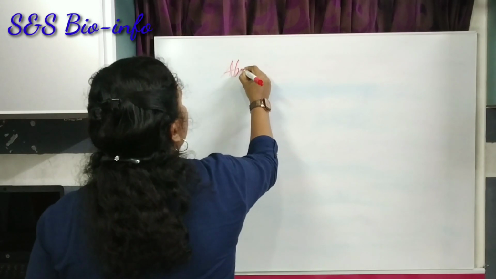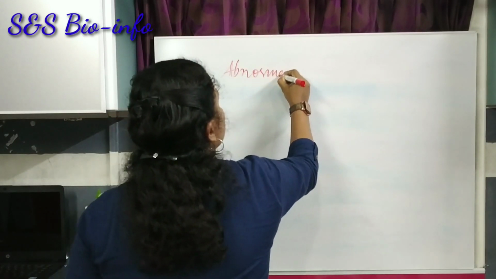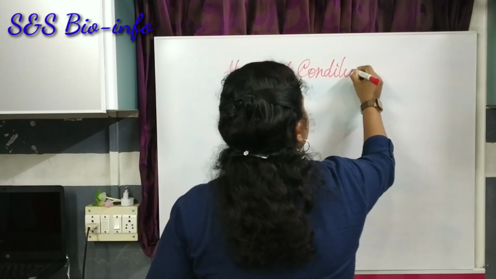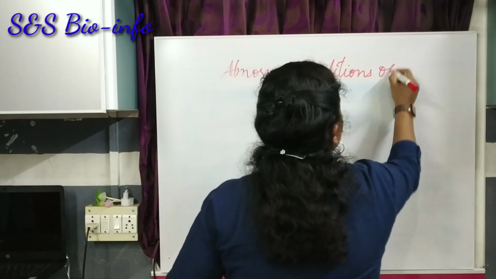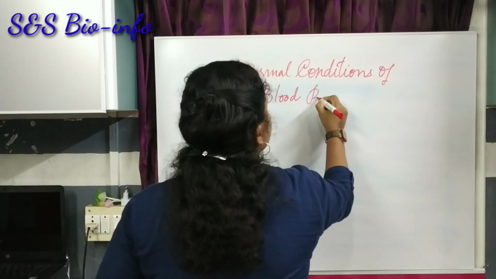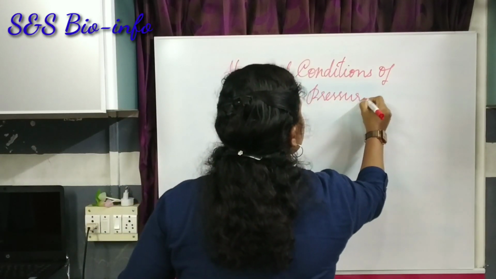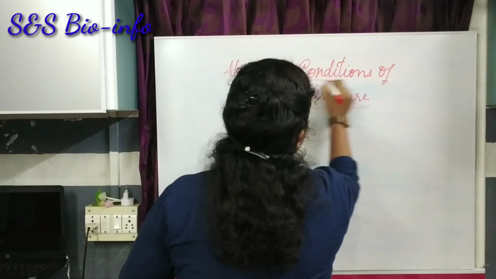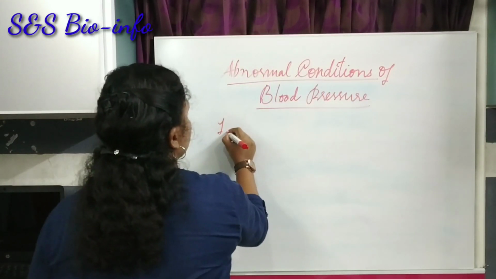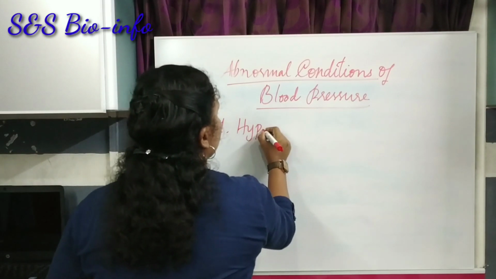Next, let us learn about the abnormal conditions of blood pressure. First of all, hypertension.